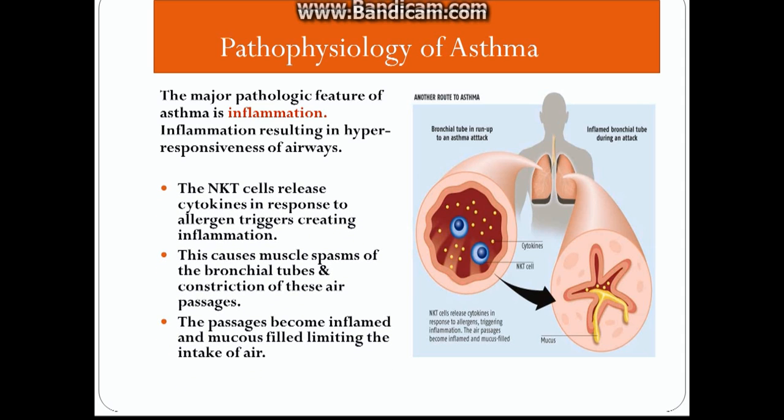The NKT cells release cytokines in response to the allergen triggers, creating inflammation. This causes muscle spasms of the bronchial tubes and constriction of these airway passages. The passages become inflamed and mucus-filled, limiting the intake of air.